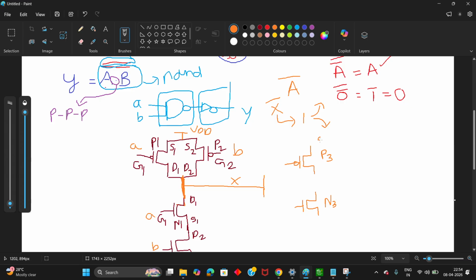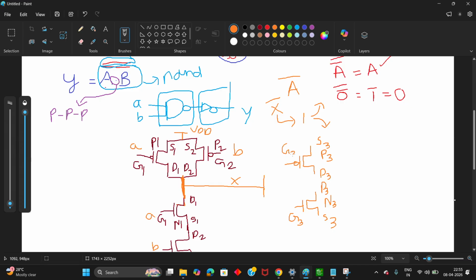This is source 3 and this is drain 3, and this is the same drain 3 and source 3. This will be gate 3, and this will also be gate 3.